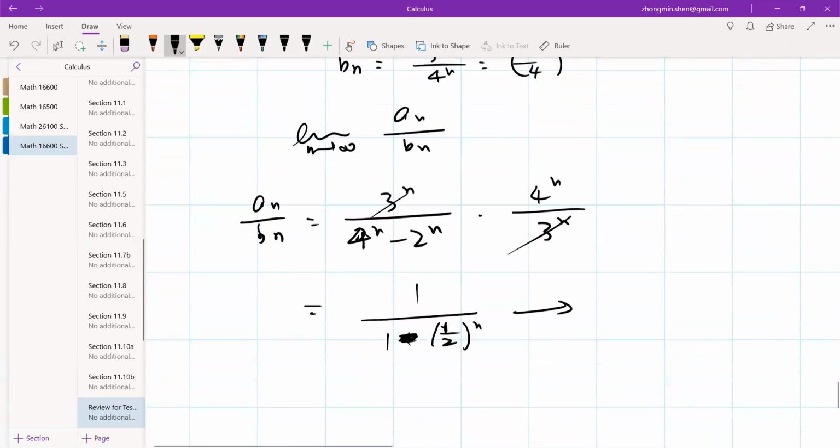And the limit is going to be 1 as n approaches infinity. So 1 is a non-zero, finite number. Okay, so the two convergences are equivalent.